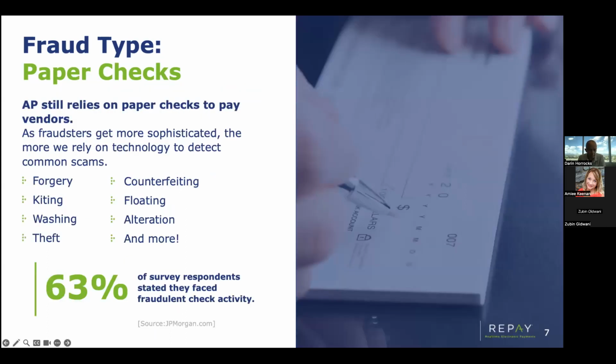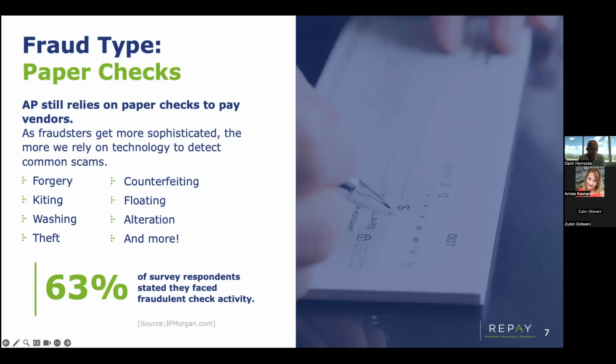Paper checks continue to be a concern in terms of fraud. As fraudsters get more sophisticated, it's harder to detect certain scams. There might be public information about somebody's signature, banking information being out in the public, which allows people to create counterfeit checks.